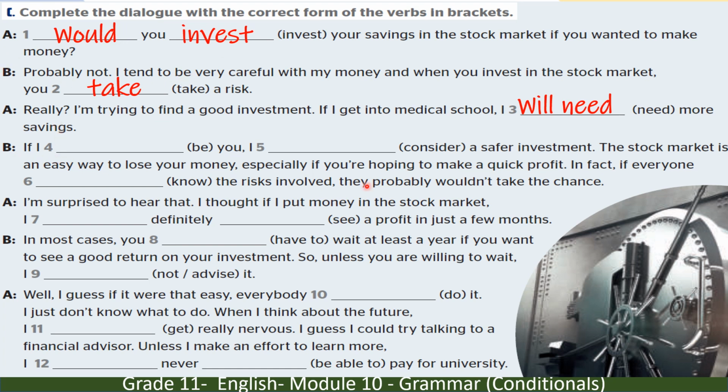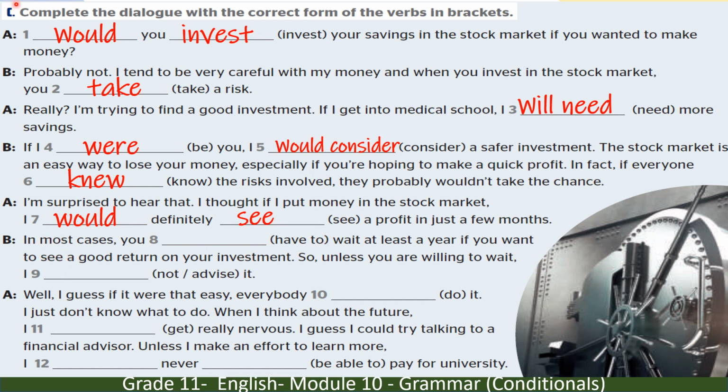Number 4, this is the second conditionals. The form is if I were you, I would consider a safer investment. Number 6, we have if, and here would take, so this is second conditional, and the answer is new. So number 7, if, exactly, this is a second conditional, so would see.